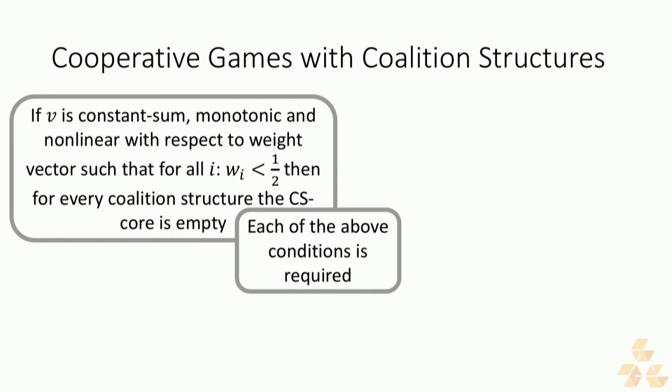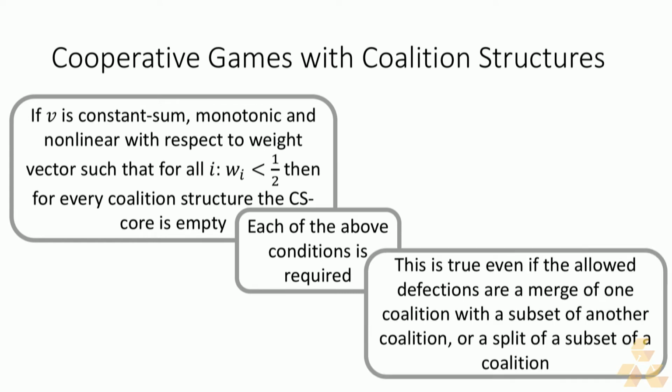Each of the conditions that I just mentioned is required to have this result. And this result also holds if the only move that players can make is either one team being merged with a subset of another team, or one big team splitting into two teams.